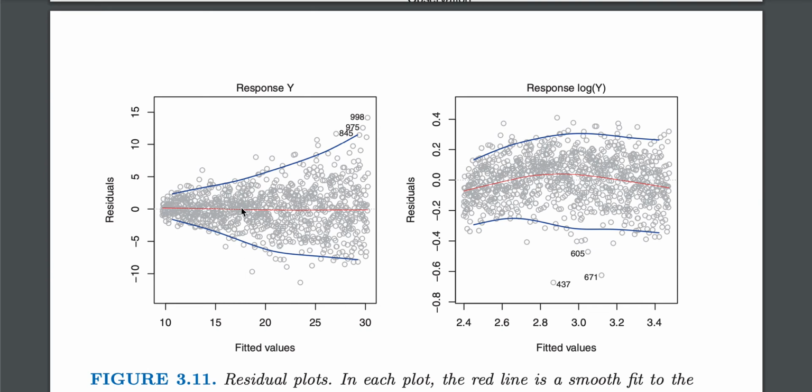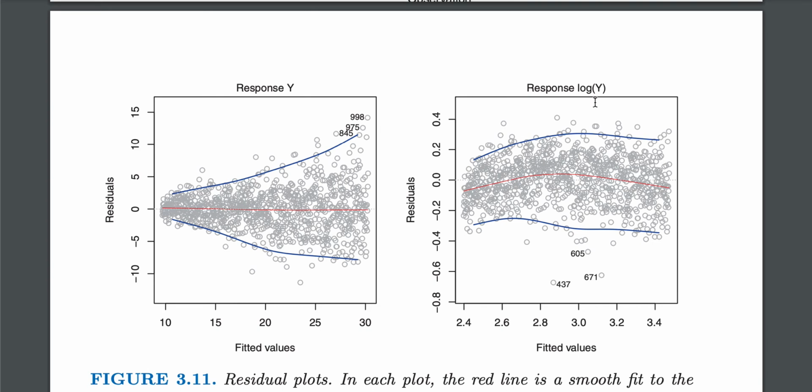Now, the only thing that the fitted value can tell us is that the variability of the residuals increases. When we observe the residuals, the variability of the residuals, not the residual itself, increases as the fitted values increase.